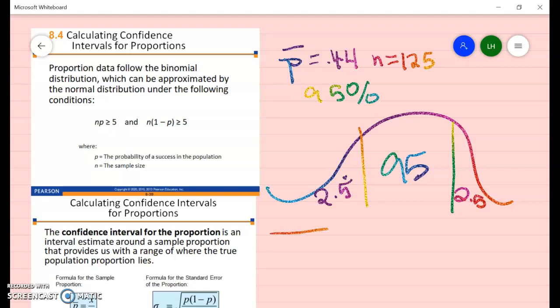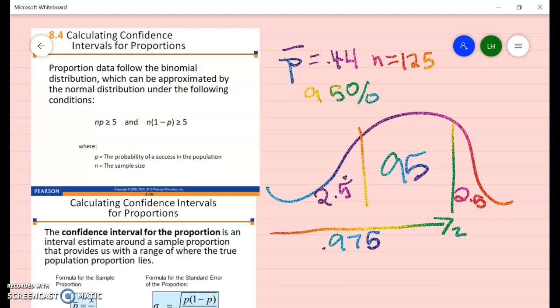So we need to know the z value for right here. And so we need to add 95 and 2.5 together and get 0.975. Because that z-score is what we need to calculate the confidence interval.